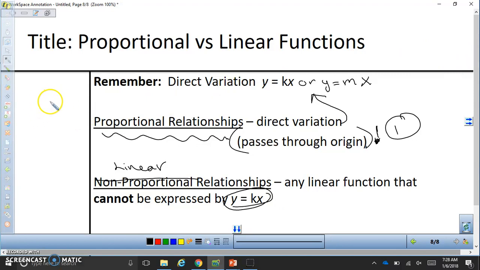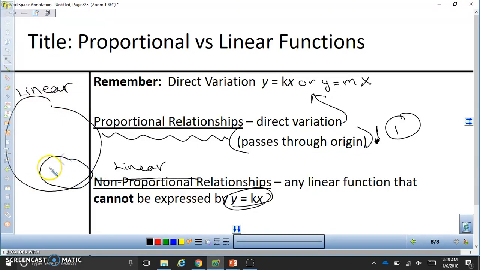So here we have this big picture of linear equations, and here's the proportional. So we have linear, and proportional, which is actually called direct variation, okay? Proportional relationships are linear, but linear does not always mean direct variation, okay?